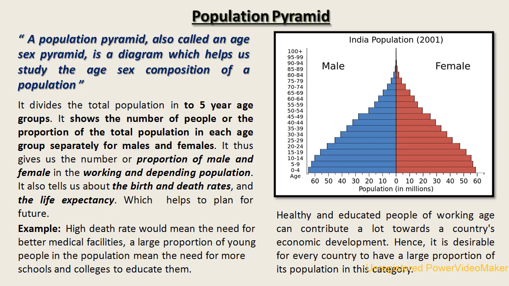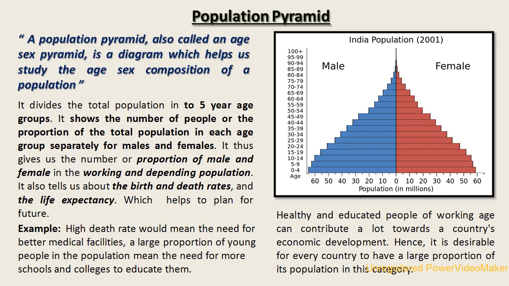Just look at the age categories. Age groups are made with a 5-year gap: 0 to 4, then 5 to 9, the second age group. The difference between these is 5. The next category is 10 to 14. So the age groups are made with a 5-year gap.